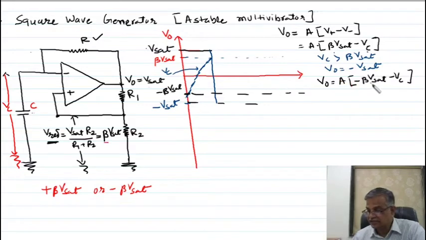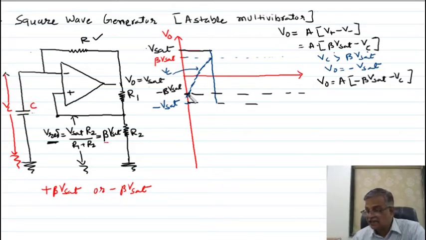As a result, from this equation I can say that when Vc is negative, this capacitor starts discharging, from plus beta V set toward minus V set.